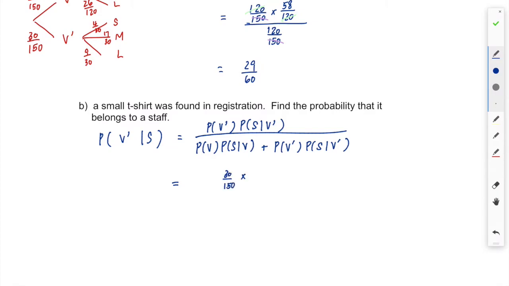S given V prime is 4 out of 30. And then P of V times small size, 36 out of 120. And then the same thing as the numerator. Simplifying and then reducing, it should work out to 1/10.